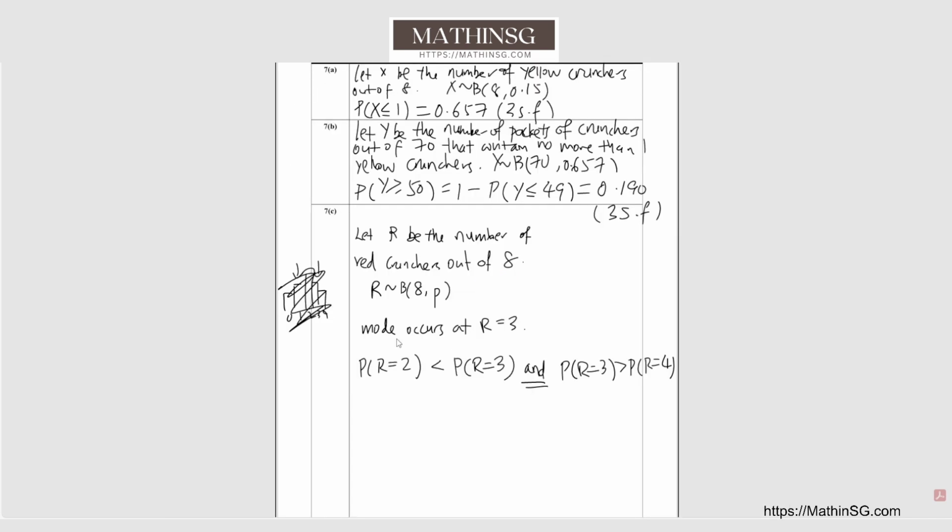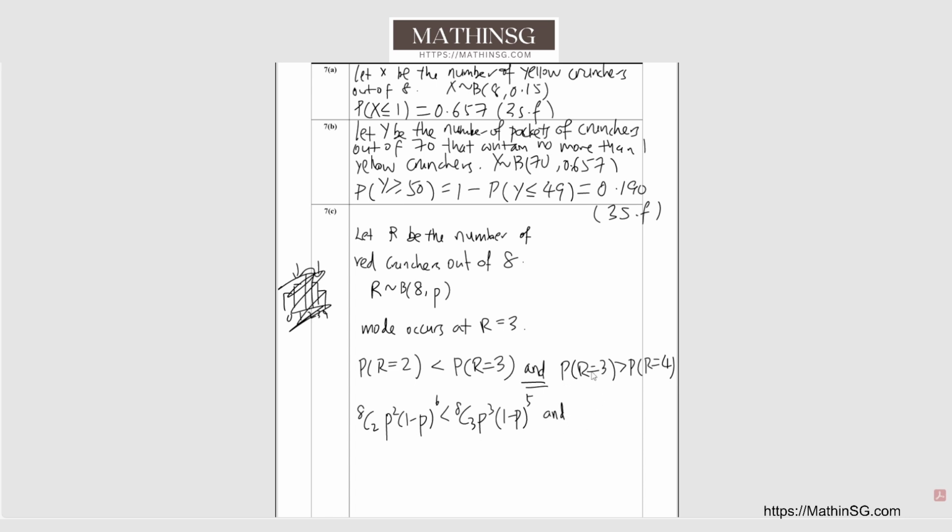Making use of that formula from the formula booklet, P(R=2) is 8 choose 2, p squared, (1 minus p) to the power of 6. And P(R=3) is 8 choose 3, p cubed, (1 minus p) to the power of 5.